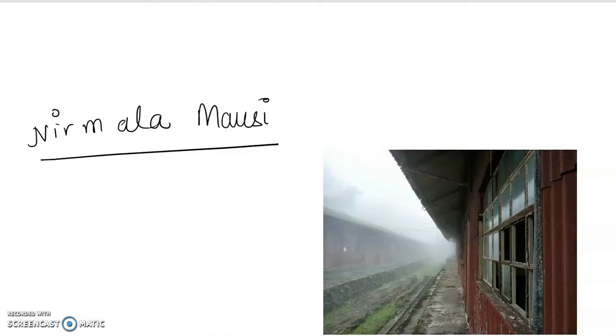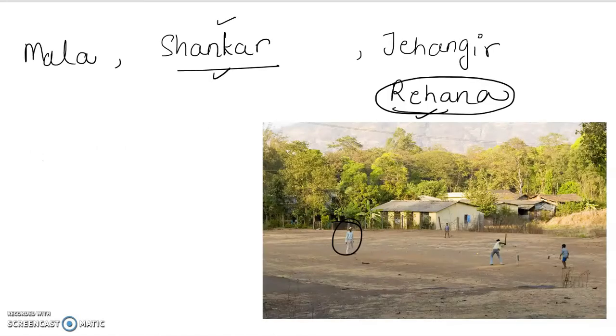Now, whom are we going to offer the money?" So all the kids were sitting, thinking about it, whom should we give the money to? And then they thought that we should go to Rehana's house, which is the closest to where they were playing, and ask Rehana's mother.